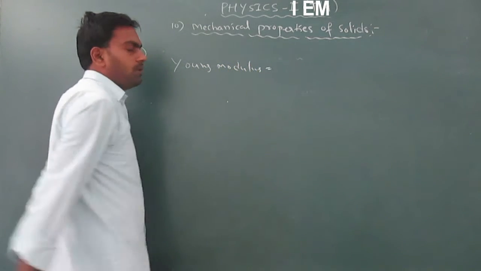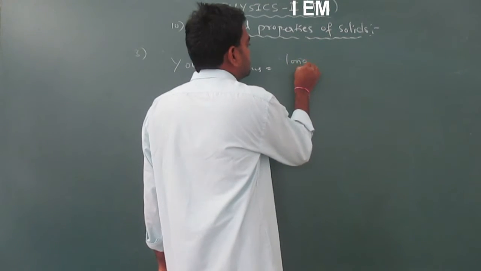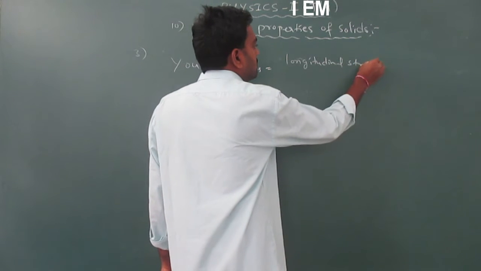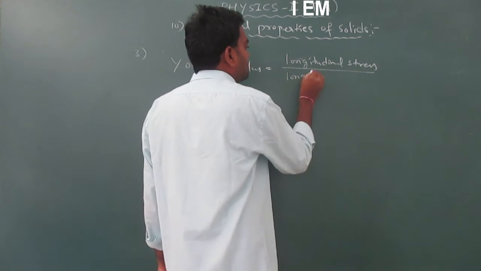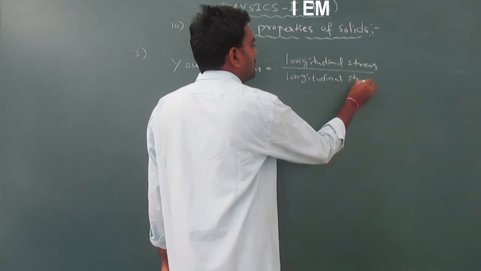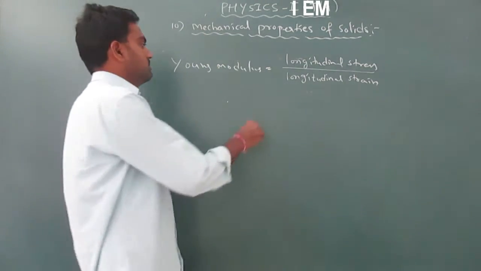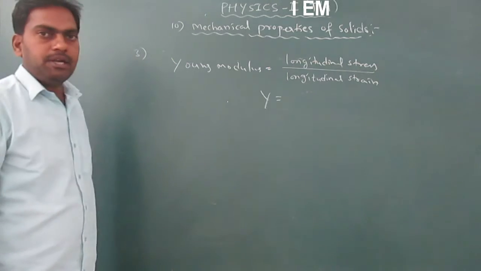Young modulus. Young modulus is equal to longitudinal stress by longitudinal strain. That is, Y is equal to longitudinal stress by longitudinal strain.